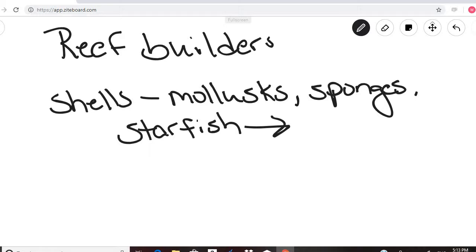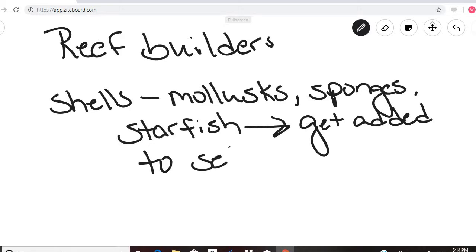Well, the dead parts of these organisms get added to the sediment. So you get the sediment, then the algae surrounds it, and so that's going to add to the growth of the reef.